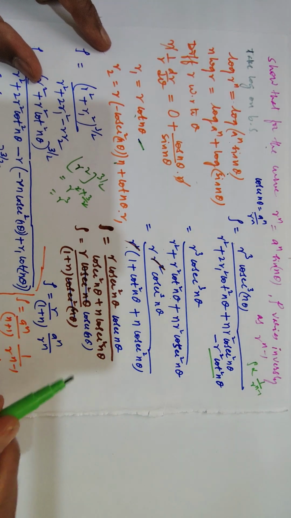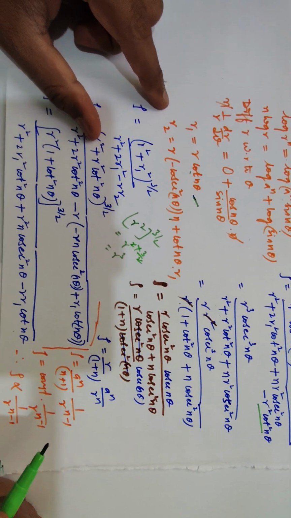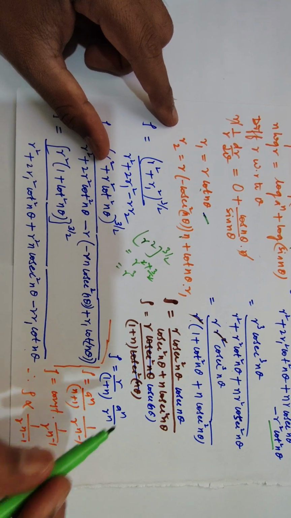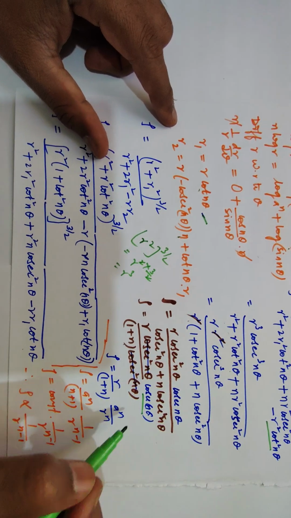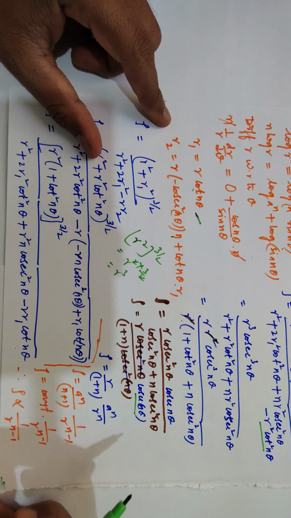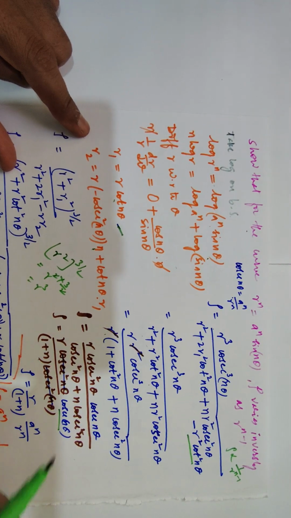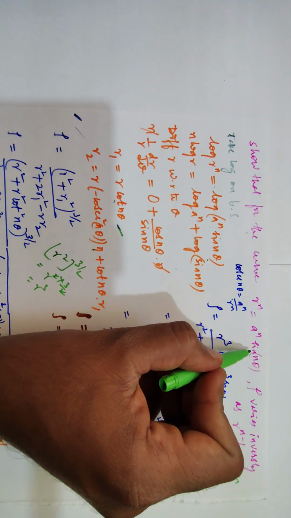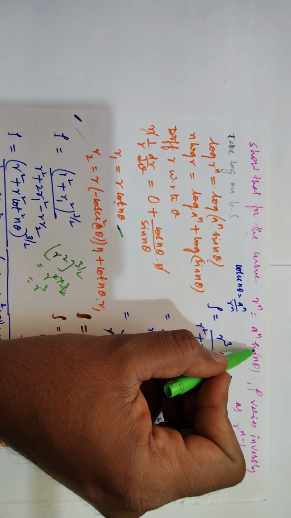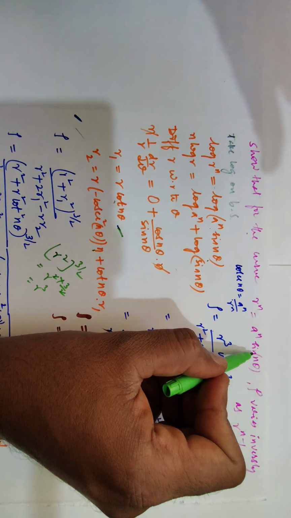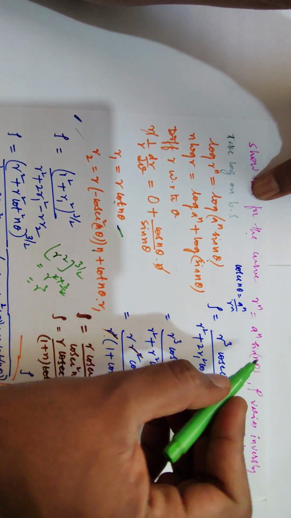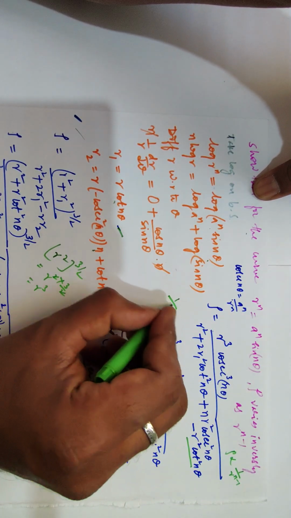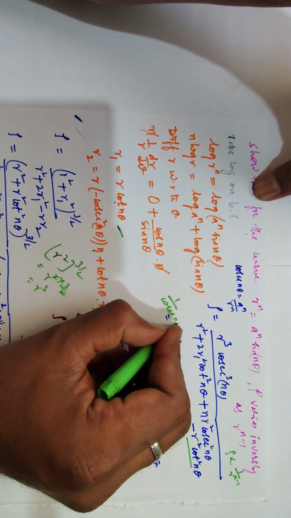So now we are using, what is the value of cosecant n theta? So cosecant n theta is obtained by using the given equation. You have r raised to n is equal to a raised to n into sin n theta, right? You can write the reciprocal of sin n theta. Reciprocal of sin n theta is 1 by cosec n theta, right?